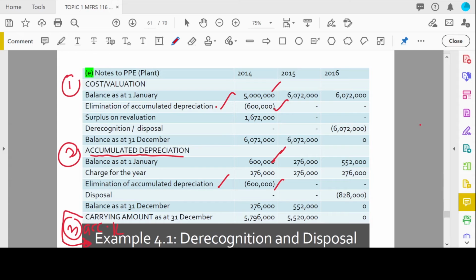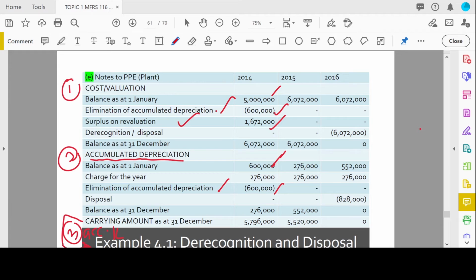So what is the next process that you do? Debit PPE plant, credit ARR. Debit PPE plant. My concern is, is there any account that relates to PPE and accumulated depreciation? Yes, debit PPE. Debit means that you add. So that's why you add 1,672, for the surplus on revaluation. Okay, next. What happened next?